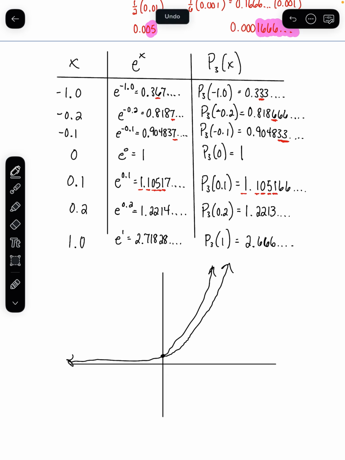But on the other side, it is going to eventually drop down. When we get up to some negative x values over here, we're going to see a massive difference very quickly. On the right side, the difference will not be quite as apparent, but on the left side, it will be highly apparent because the value of e to the x will remain positive and just approach 0, while the value of the Taylor polynomial will approach negative infinity, making for a very highly obvious difference. But as long as we stay relatively close by to our centering value, they are very, very similar.